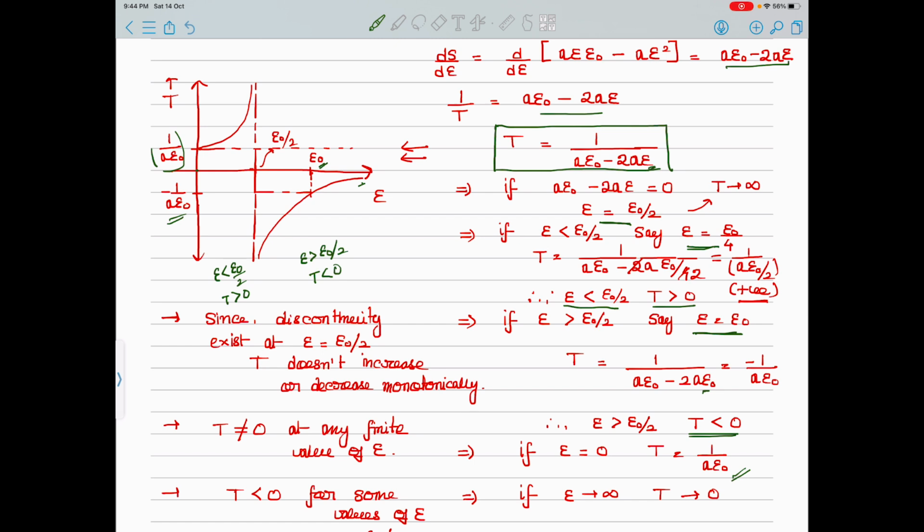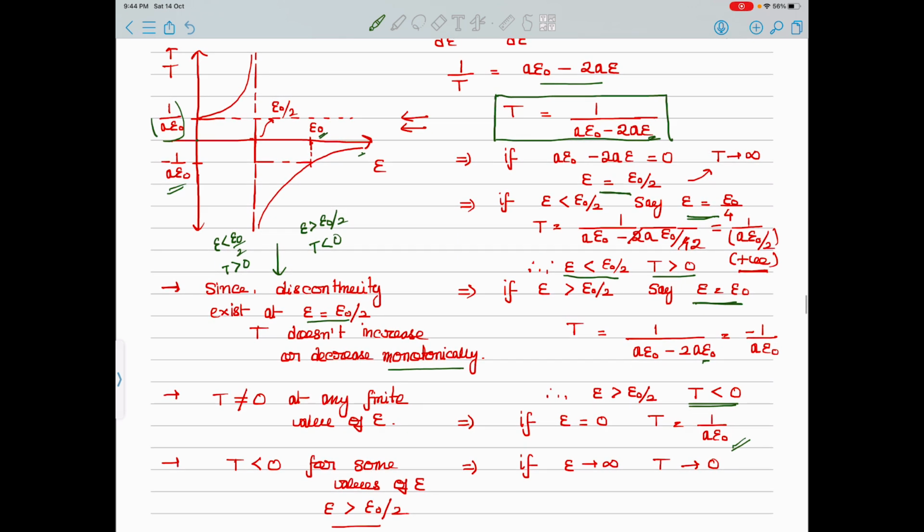Therefore, from this plot, we can get certain things. Since there is a discontinuity at E equal to E naught by 2, we cannot say that T increases or decreases monotonically. Had there been no infinitely going function, we could say so, but since there is a discontinuity present, we cannot say that T increases or decreases monotonically.